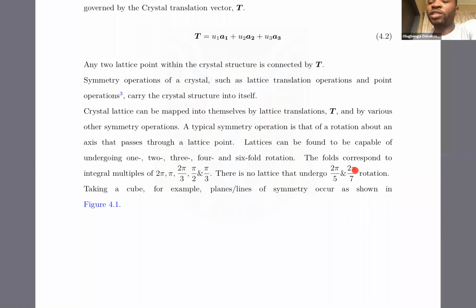So turning it at the line of symmetry. When we are talking about line of symmetry, it's like a line that goes through a particular material such that it assumes a central position.